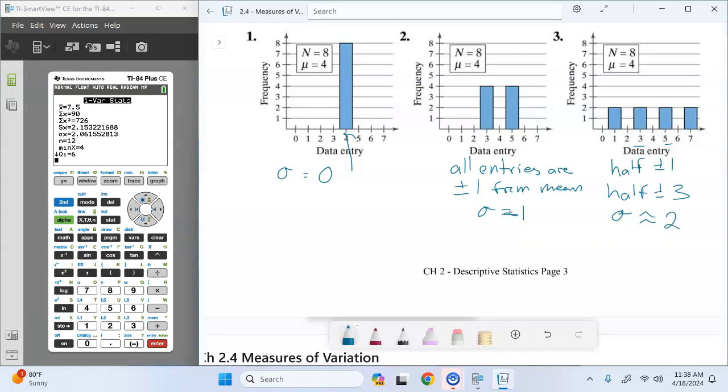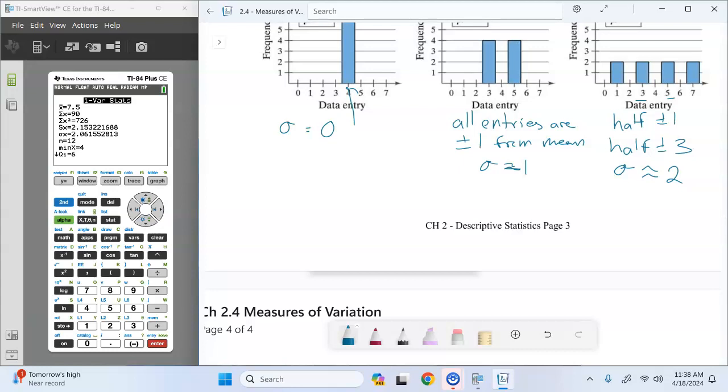It's not exactly 2, but it's close to 2. If we calculated the actual standard deviation, it ends up being 2.2. But we can still get a good idea about the estimate by looking at the dispersion among the data.